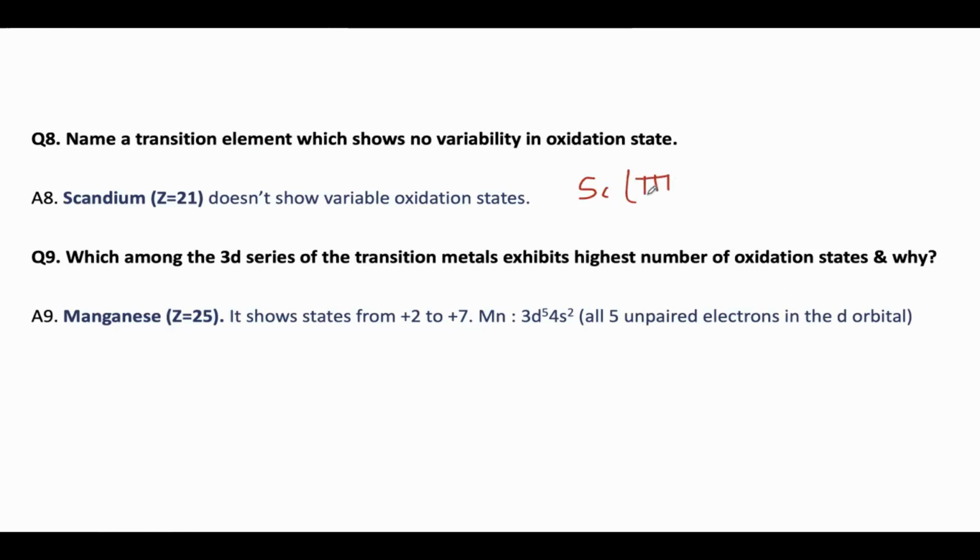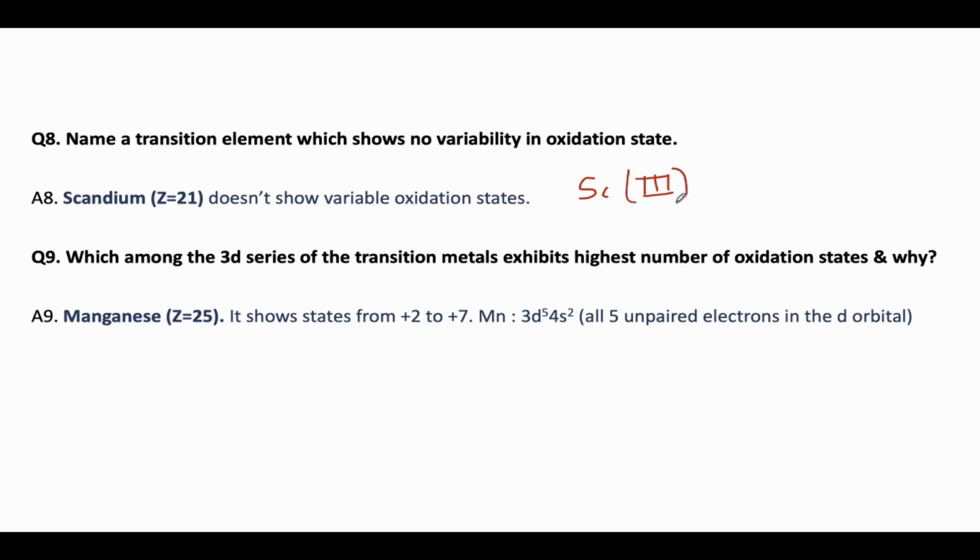In all the other transition elements, we can see a variety of oxidation states. Chromium shows oxidation states 2 and 3, cobalt shows 2 and 3, nickel shows 1, 2, manganese shows 2, 3, 4, 7. But scandium is the only transition element, or you can say d block element, which shows no variability in the oxidation state.